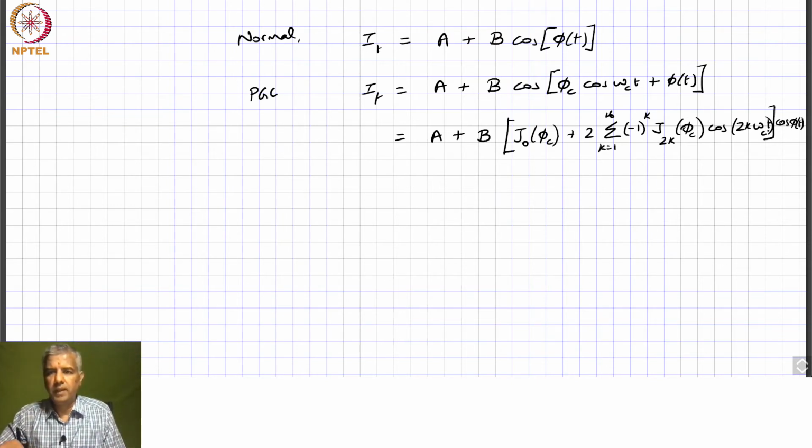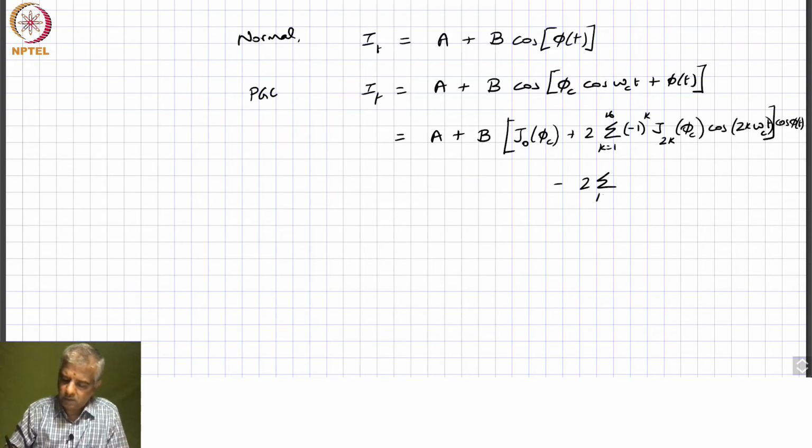So, all the even order Bessel terms are getting multiplied by cos of phi of t, and then you have all the odd terms which correspond to 2 times k equal to 0 to infinity minus 1 to the power of k, J of 2k plus 1.